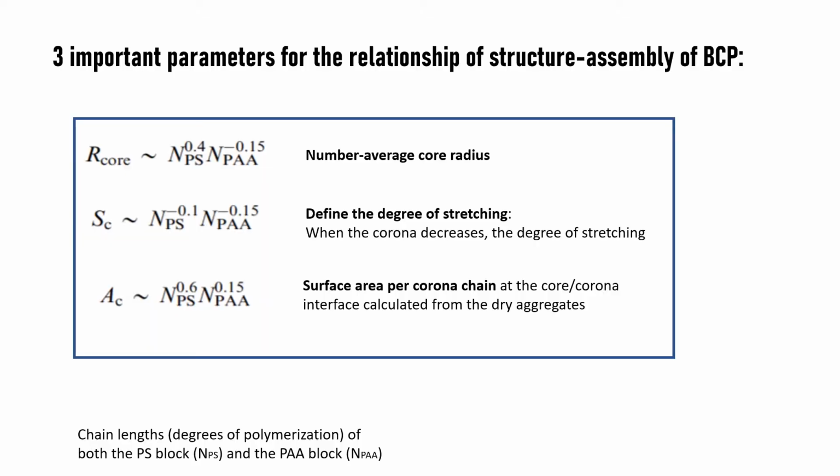As a reminder, three parameters are important to define the structure-assembly relationship of block copolymers: R core, the number average core radius; SC, defining the degree of stretching of the polystyrene; and AC, the surface area per corona chain at the core-corona interface calculated from the dry aggregate. This parameter AC is very important to determine the curvature at the corona-core interface.